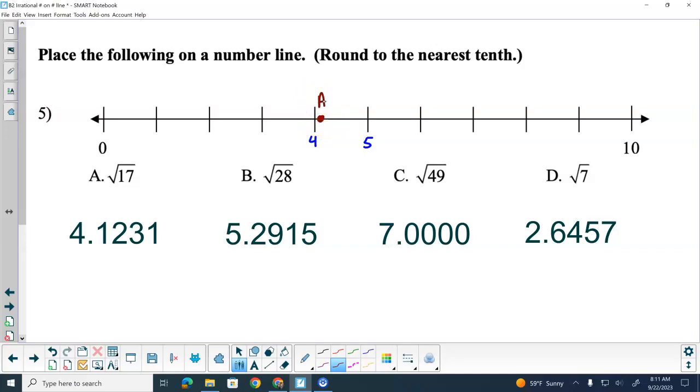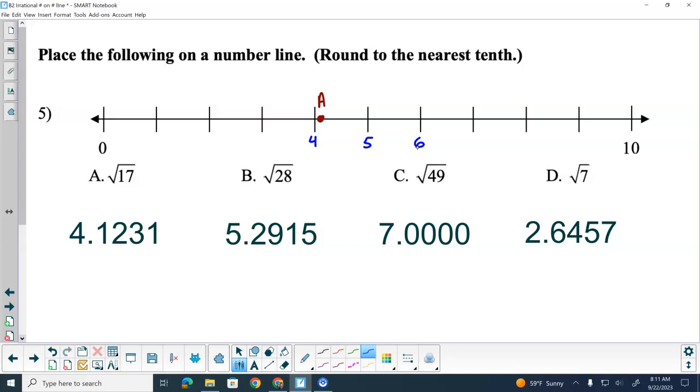That's how that works. Okay. B is 5.2915. Well, that's going to be in between 5 and 6. Other than Jesse, closer to 5 or closer to 6?